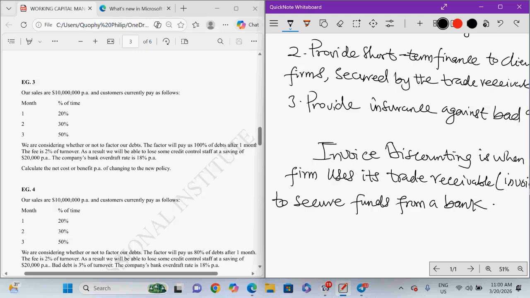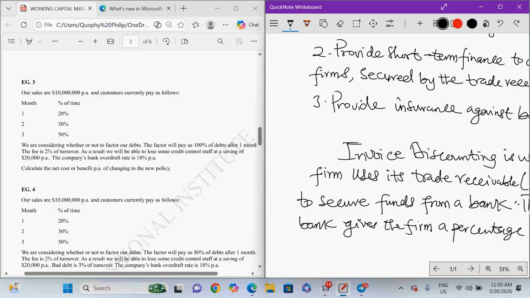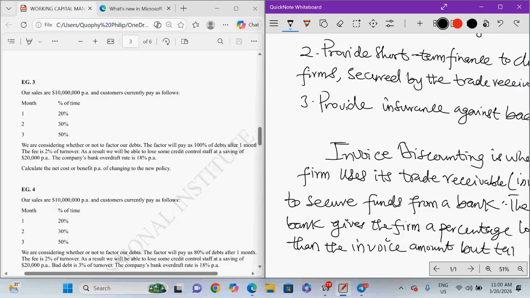So the bank gives the firm a percentage lower than the invoice amount, that is, the receivable amount.